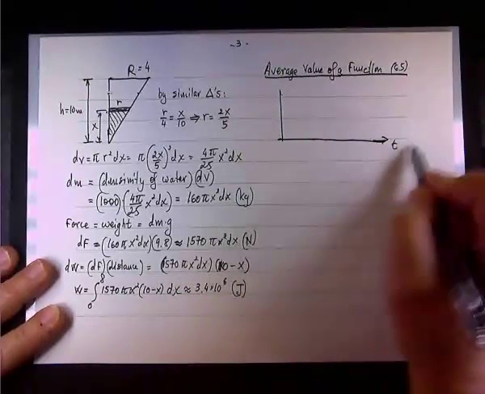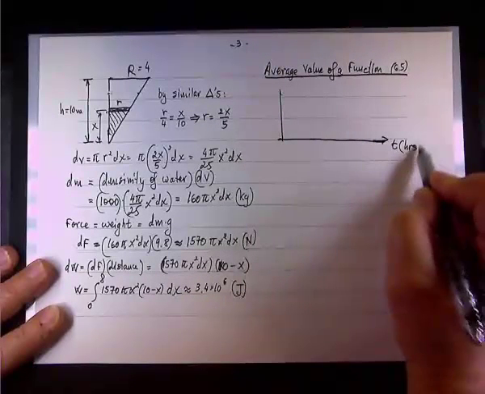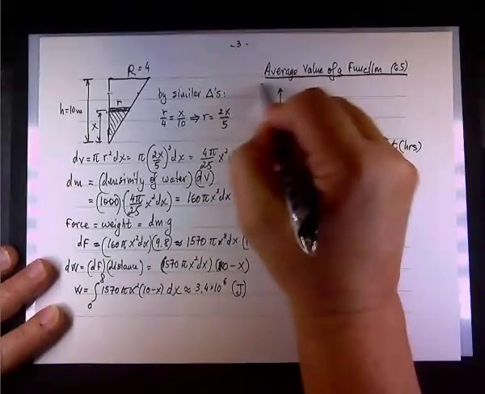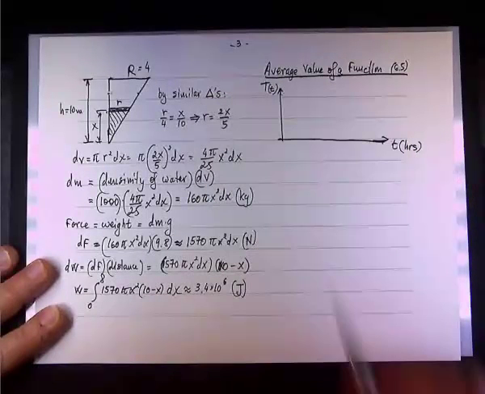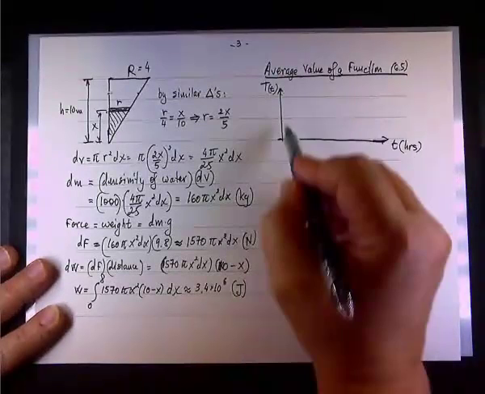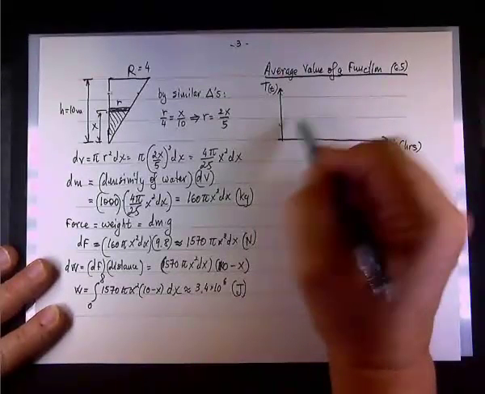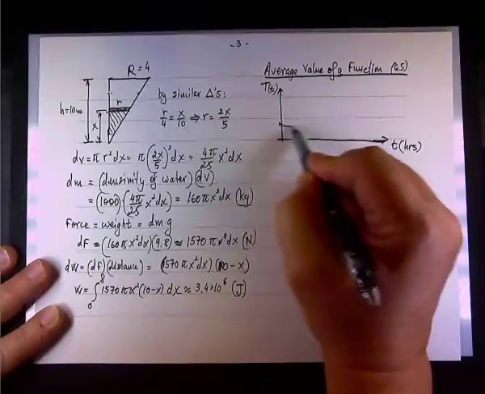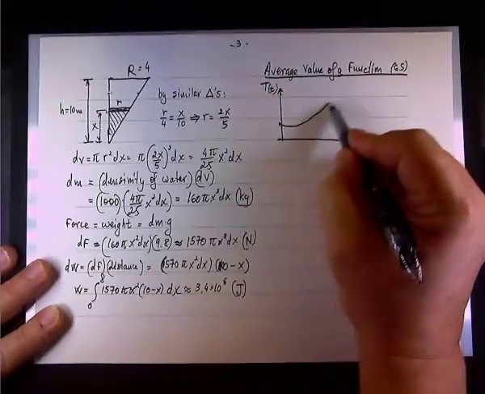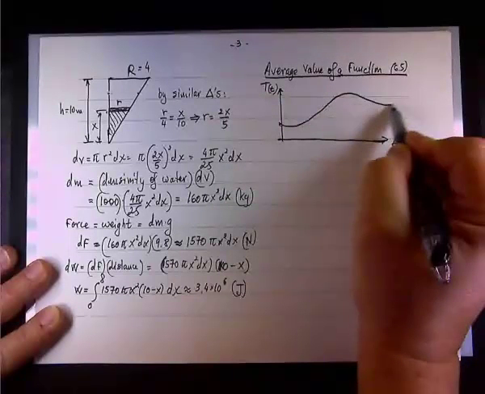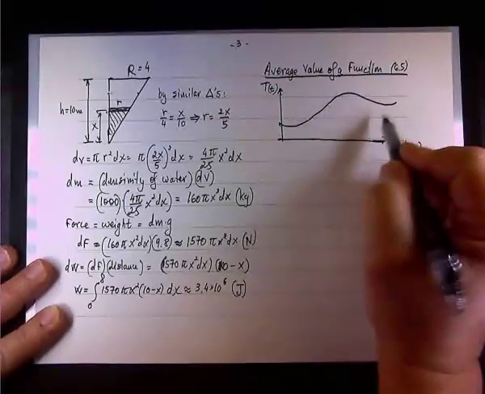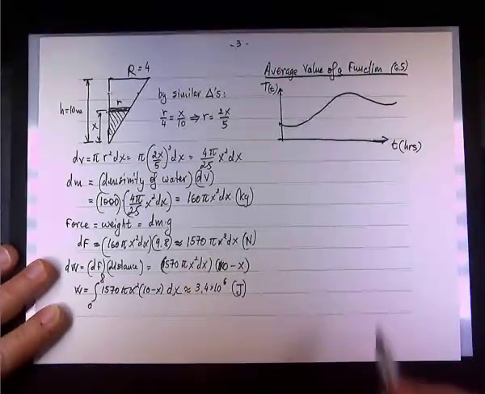So if this is t, measured, let's say, in hours, and this is the temperature measured either in Celsius or Fahrenheit, and the curve is doing something like that: cold in the morning, at midnight, it gets cooler a little bit, and then as the day warms up, it goes up and then goes down, like so, okay?